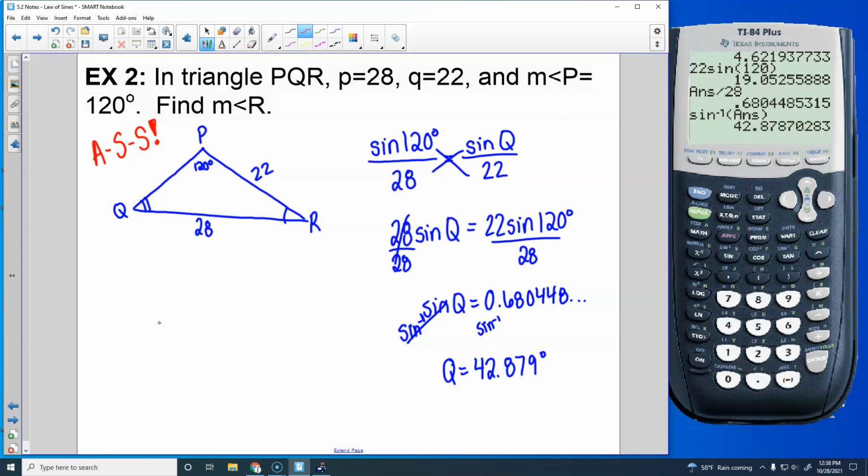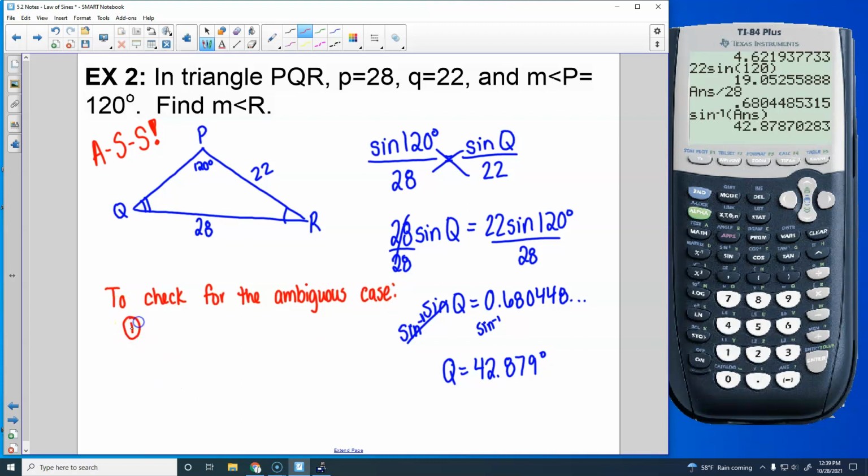So to check for what we call the ambiguous case, we need to do this.